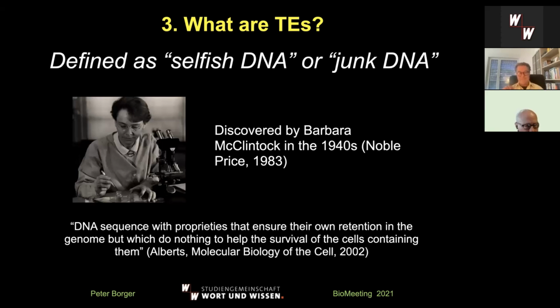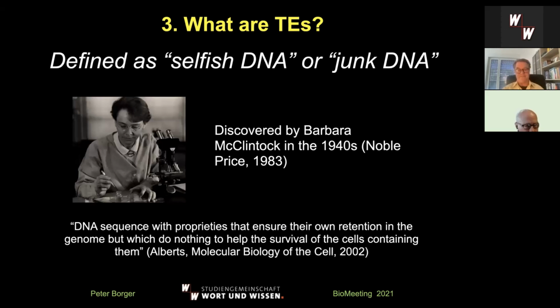And as said, it was completely ignored because people did not understand the findings. And then in the 80s, it was in fact rediscovered. End of the 70s, it was rediscovered, mostly by Roy Britten, I think, one of these geneticists from the United States. And it was so obvious that she was right, so they gave her the Nobel Prize in 1983 for her discoveries.